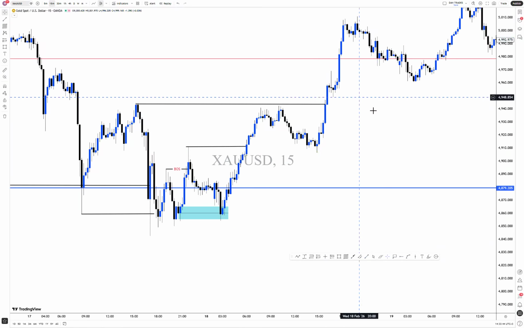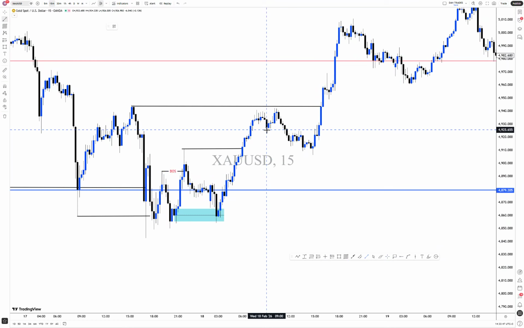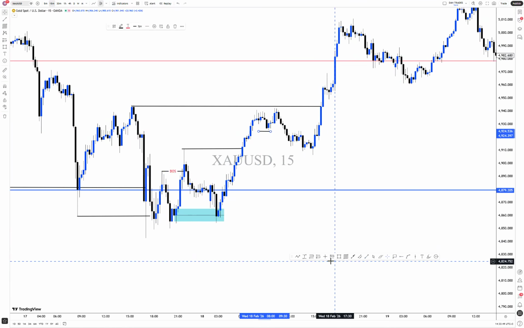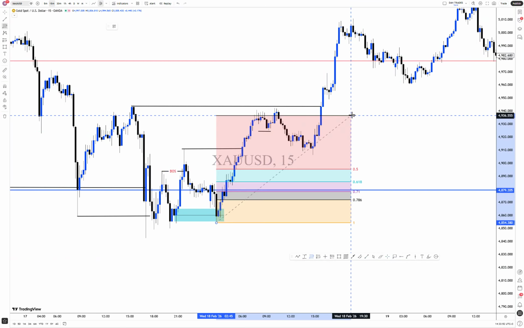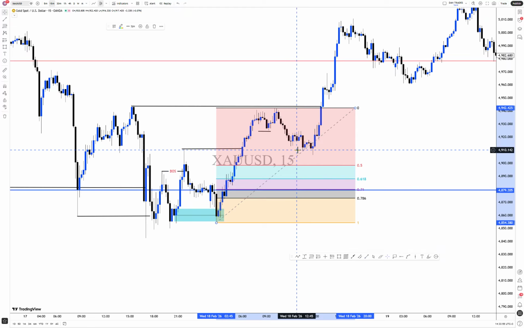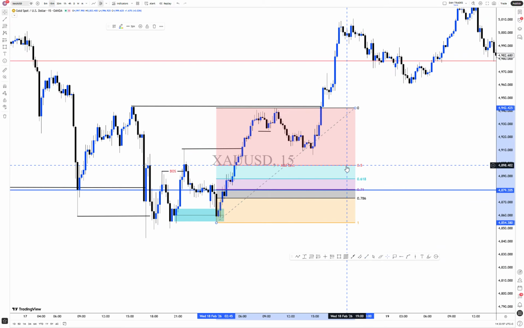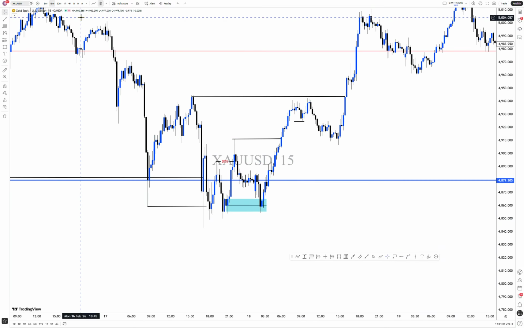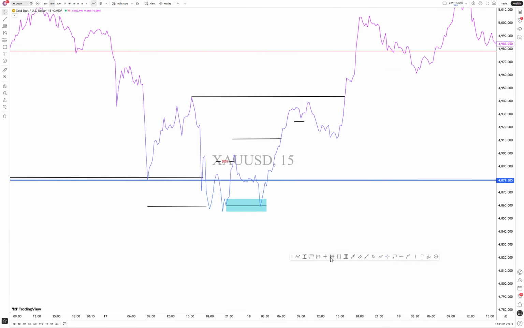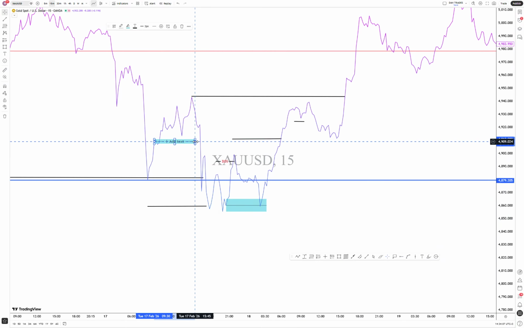Then we went up. This was the inducement, so the inducement was being taken out. If you could have even managed to use the fib tool, you can see market never came to that 50%, but it reacted from this key level around here. If you turn on the line chart, you're going to see it reacted from this base on this area.